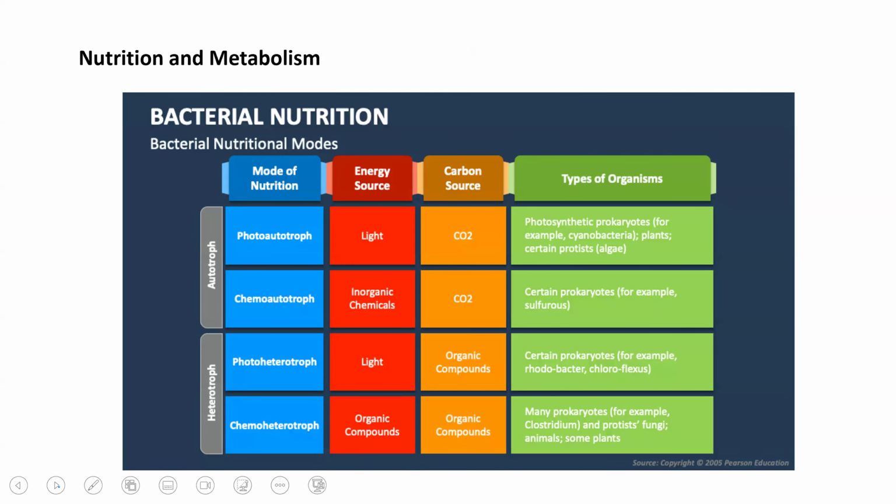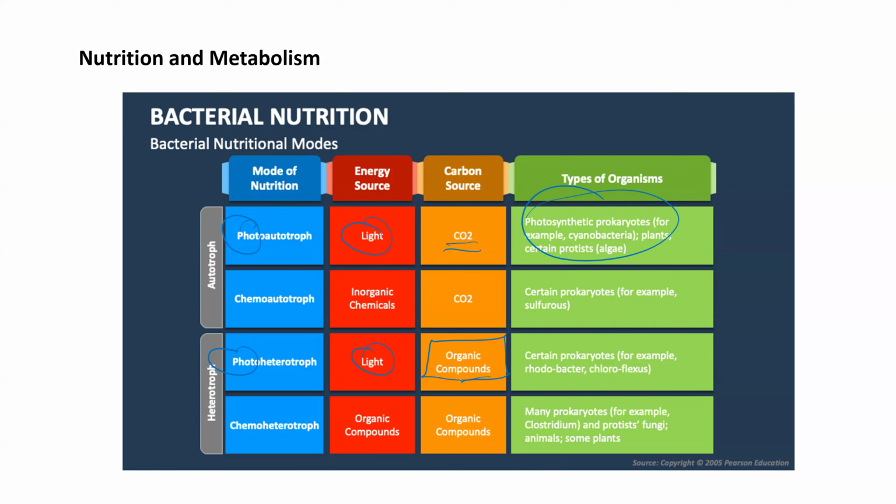We talked about nutrition. So if you have photo here, that means that your energy source is light, but you can be a photoautotroph or you can be a photoheterotroph. Photoautotrophs, this is where we're talking about photosynthesis, photosynthetic prokaryotes, and they get their carbon from carbon dioxide. A photoheterotroph does not use carbon dioxide from the air.